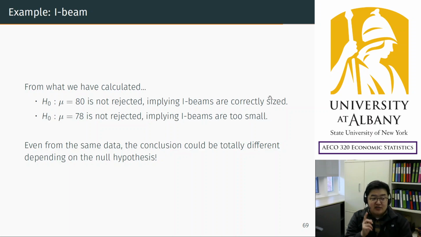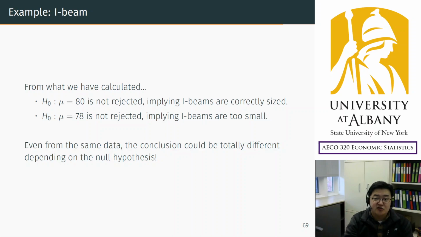So what I want to say here is, we use the same data, but depending on your null hypothesis, the conclusions are totally different. This is because of the structure of hypothesis testing. Hypothesis testing itself is not neutral. It favors the null hypothesis.